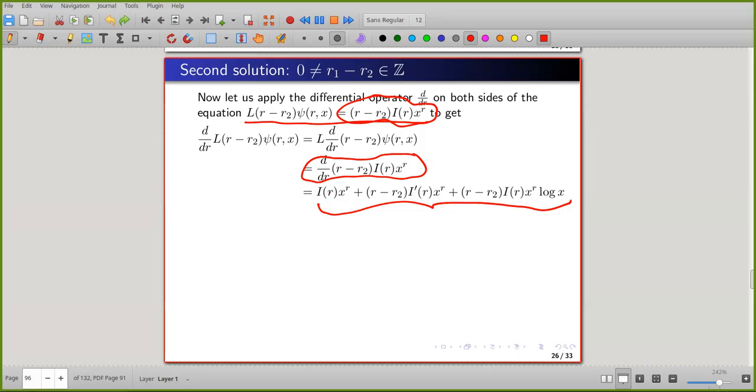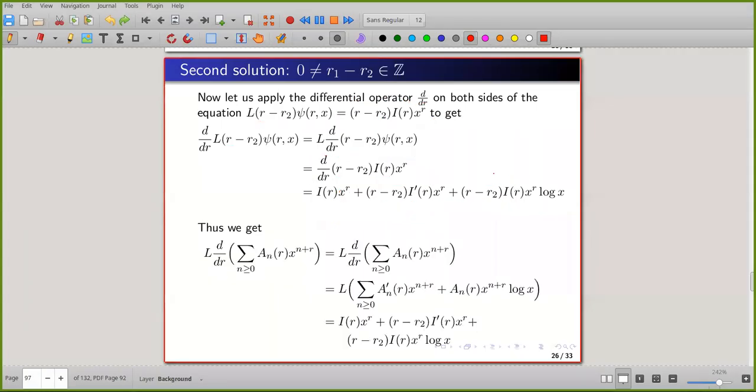So now what do we have? At r2, this guy vanishes because this is I of r. Here we have r minus r2, so this thing vanishes. And here also we have r minus r2, so this thing also vanishes. So cool, thus we get L of, I don't know why I have written this twice.